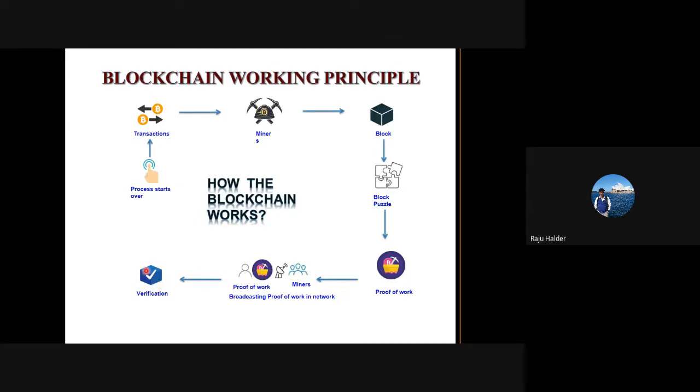And if this block is created correctly, then all the participants in the network will also add this new block to their blockchain copies. This way, the new block will be added to all the copies in the network, and the information will be up to date. So this is the whole working principle.